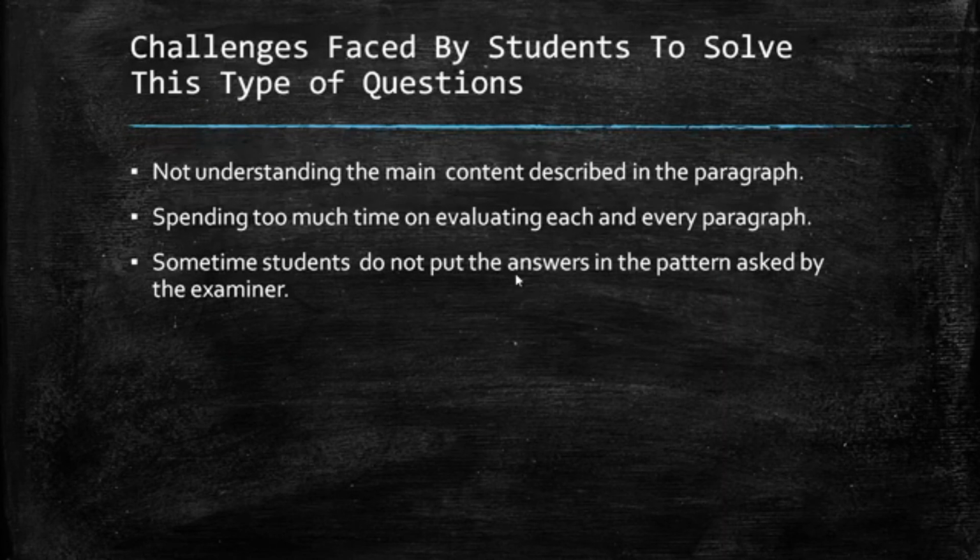This is a very kiddish mistake students sometimes make. If they have asked for answers in Roman letters, you must write them in Roman letters. If they ask for alphabets, then do that. If it is asked numerically, then write numbers there. Do not change the pattern. If you do, I'm sorry, but you will lose your score.